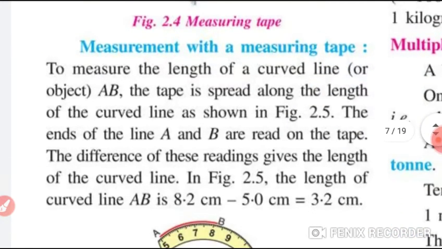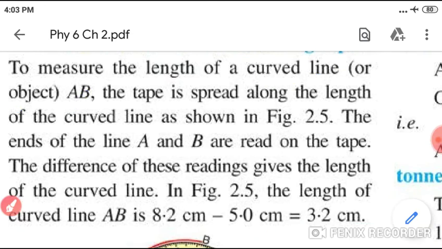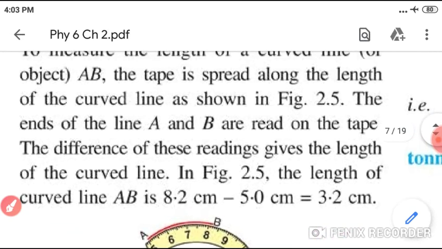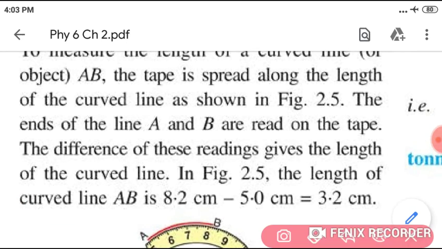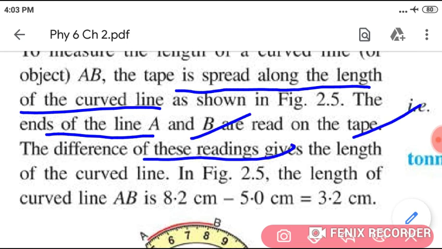Now the measurement with the measuring tape. How do we measure the length of a curved line, or any curved object, AB? The tape is spread along the length of that curved line. The ends of the line, A and B, are read on that tape, and then the difference of these readings is taken out.